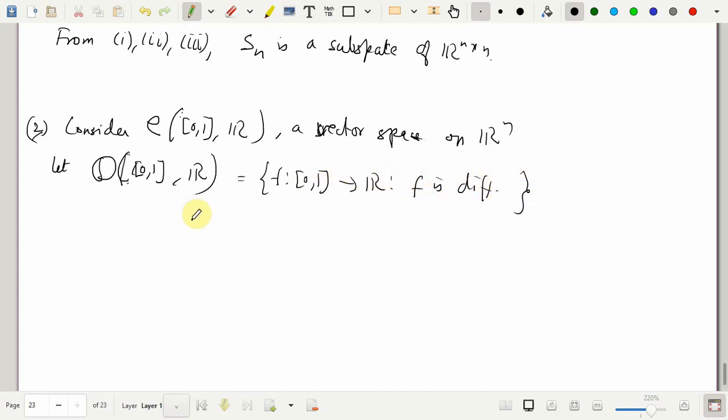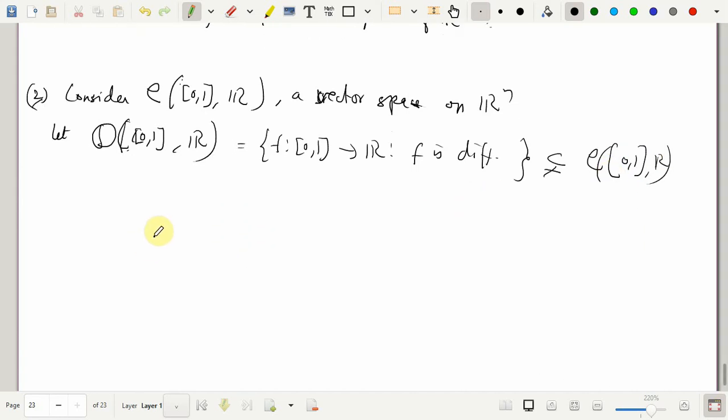Now from the knowledge of analysis we know that every differentiable function is continuous, right? But every continuous function need not be differentiable, which means that this collection is in fact a proper subset of the given vector space C of 0, 1, R, right?